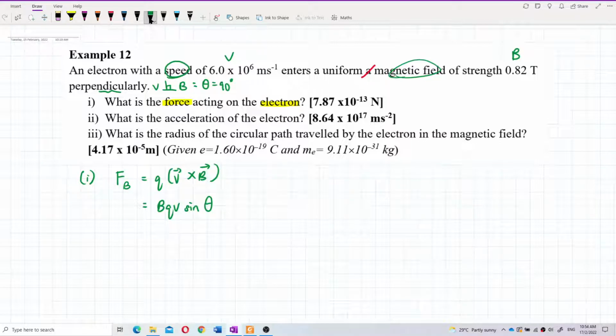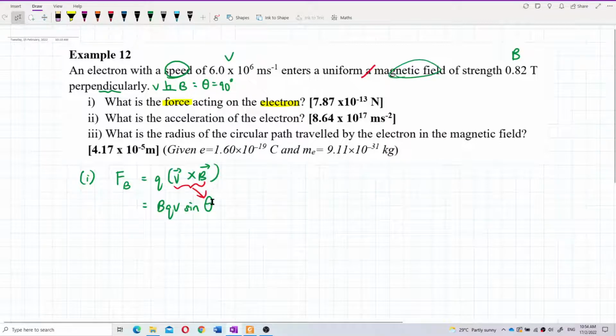Because this is V cross B, theta is the angle between V and B. Because the speed V enters the magnetic field perpendicularly, V is perpendicular to B, so theta is 90.